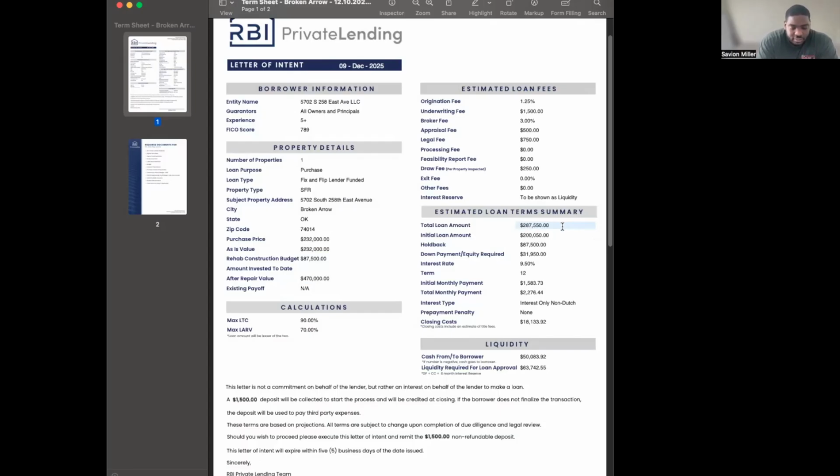So 287 times 3% is $8,626.50. Right? 287 and 3% of that. Can you imagine, this is just one loan. So let's say you made a $5,000 assignment fee, and the following month, the builder's ready to go vertical.